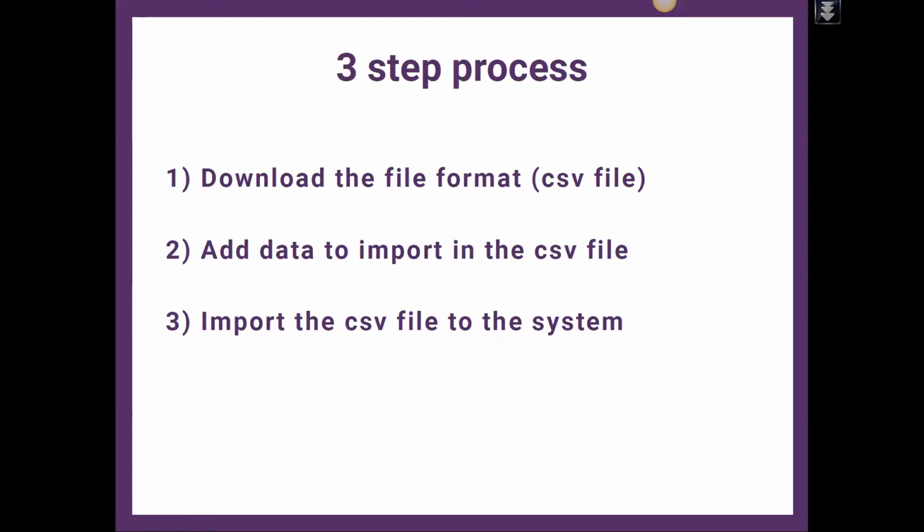So the system recognizes the data that you put in. The second is add the relevant data, the participant data or the company's data, into the file. And the third is to import the file to the system. So I'll demonstrate how these three steps need to be followed.